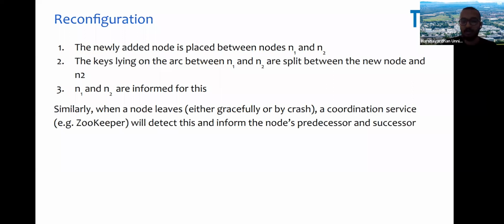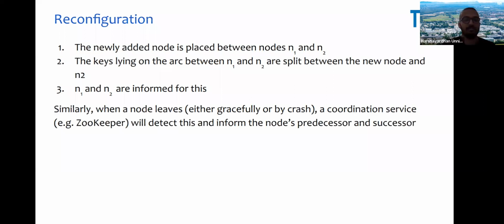The protocol, alongside handling get and put requests, also needs to handle shards entering and leaving the system. If a newly added node is placed between 2 shards, 1 and 2, the keys lying between 1 and 2 on the circle have to be distributed to the new node as well. Additionally, the successor of node 1 and the successor of the newly added node must be updated as well.